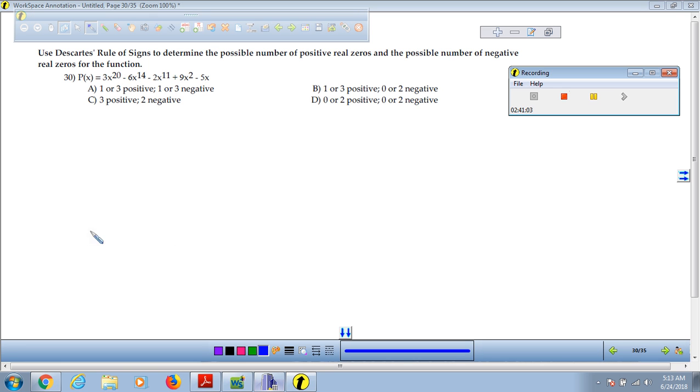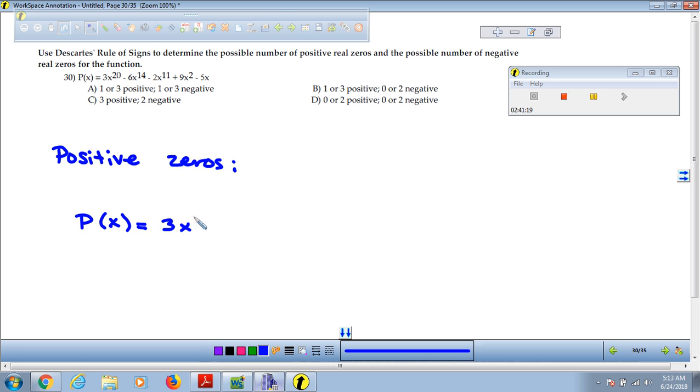So for the positive ones, remember that I told you you're going to count the signs as they are given to you on the polynomial.